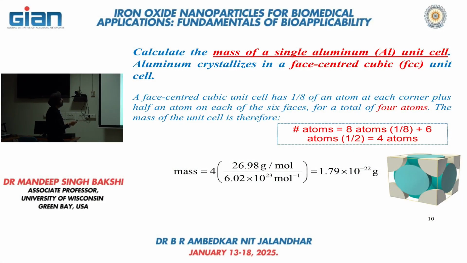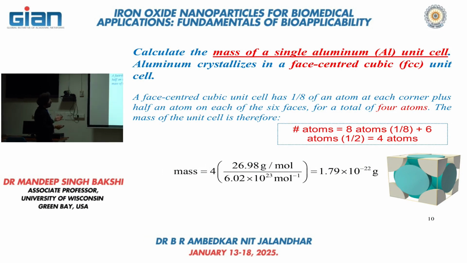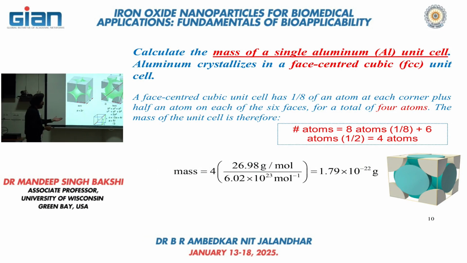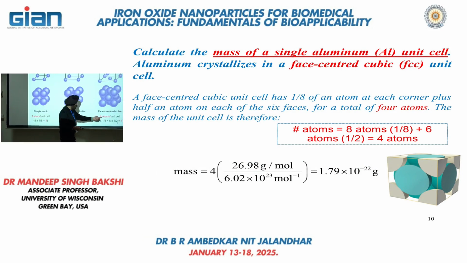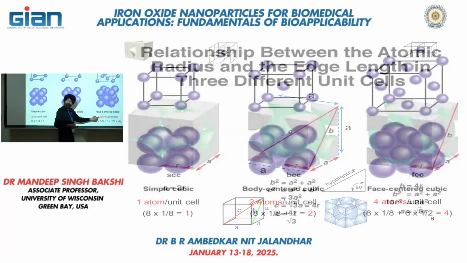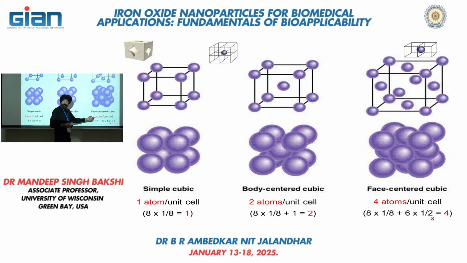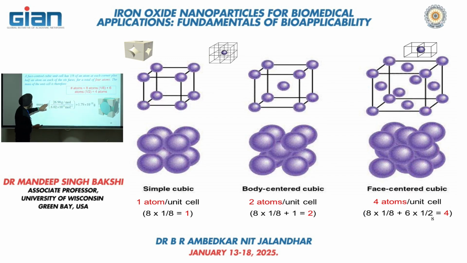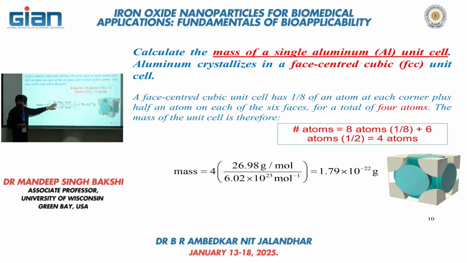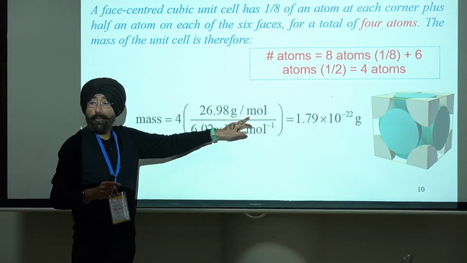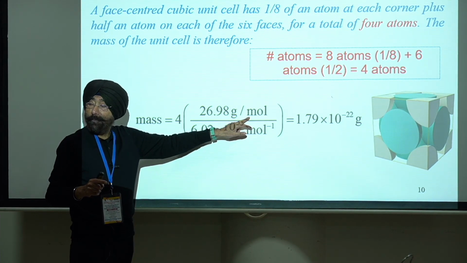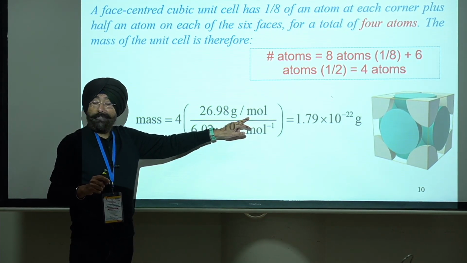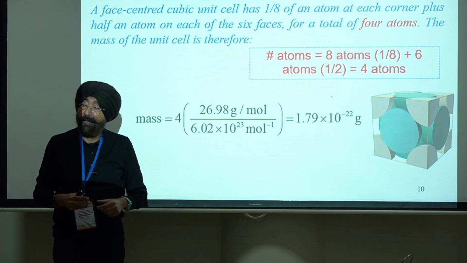So it's a face-centered cubic geometry. For the face-centered cubic geometry, we know there are 4 atoms, and it means that in order to calculate the mass of the 4 atoms, we need to multiply the mass with the formula mass. But you know that the formula mass is gram per mole. It is not the formula mass of one atom. It's the formula mass of 1 mole of atoms.